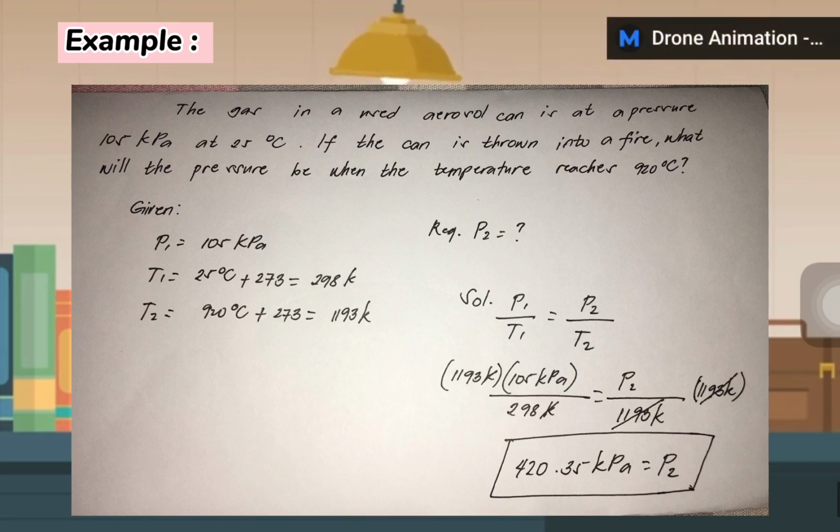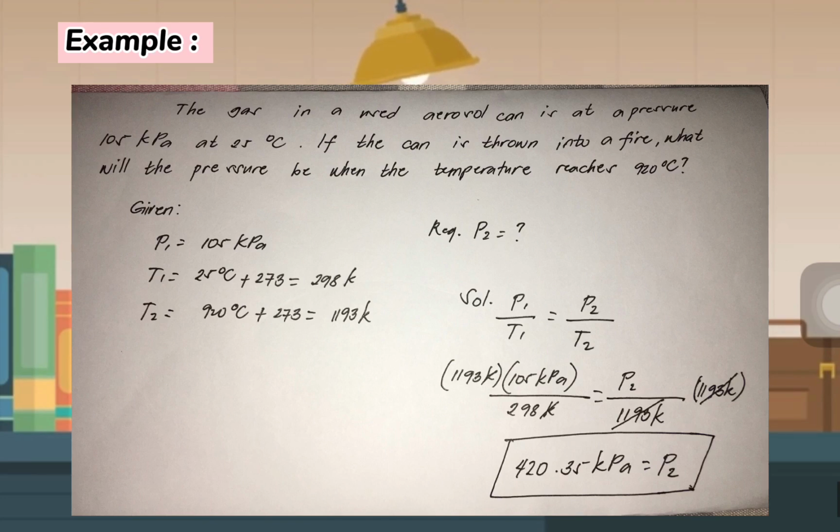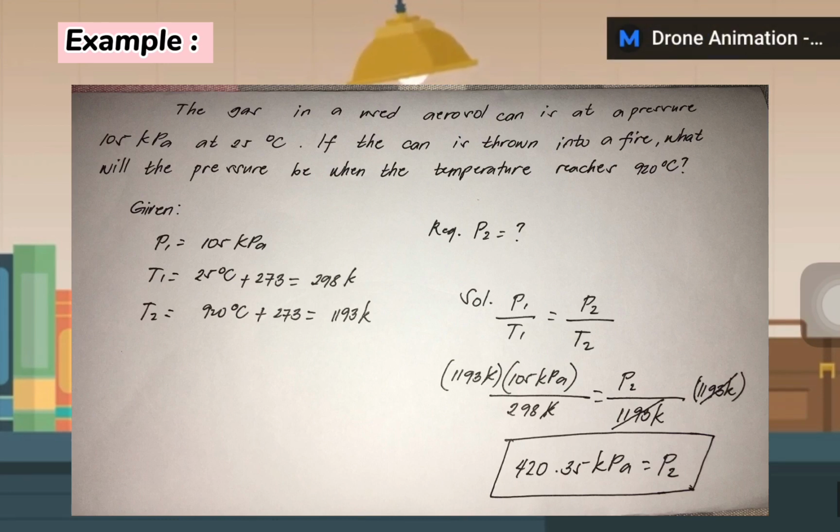To make it Kelvin, we have to add 273. So it will be 298 Kelvin. Then second temperature is 920 degrees Celsius. Add 273 to make it Kelvin. So 1193 Kelvin. So we are finding the second pressure.